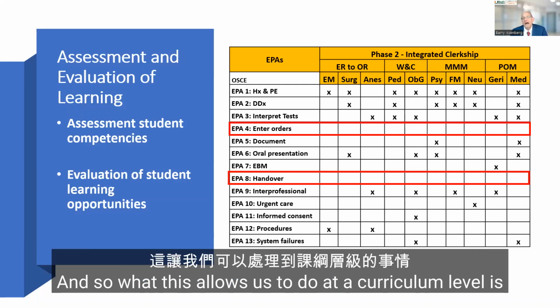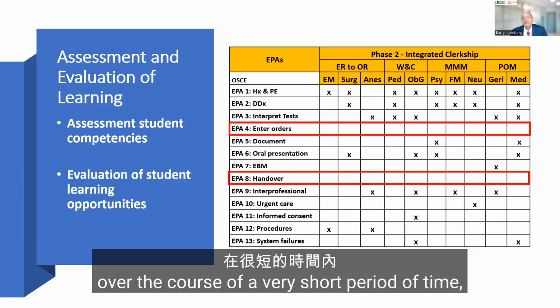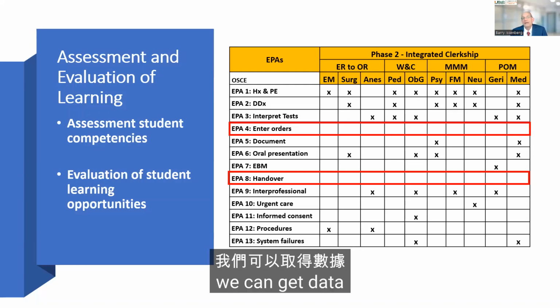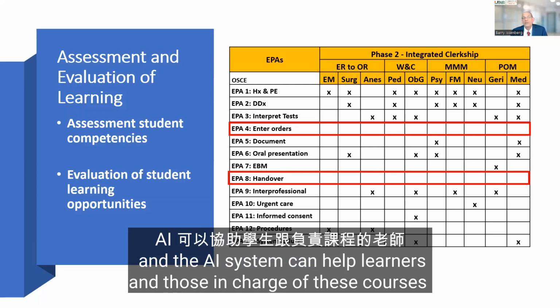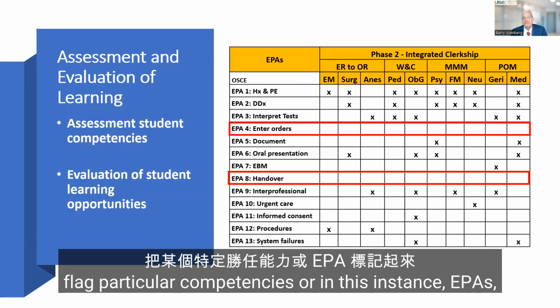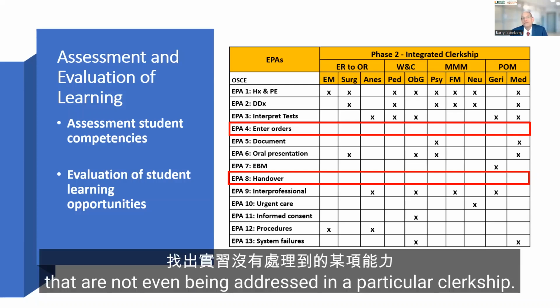What this allows us to do at a curriculum level is, over a very short period of time, get data, and the AI system can help learners and those in charge of these courses flag particular competencies, or in this instance, EPAs, that are not even being addressed in a particular clerkship.